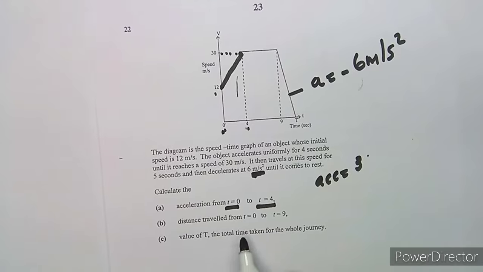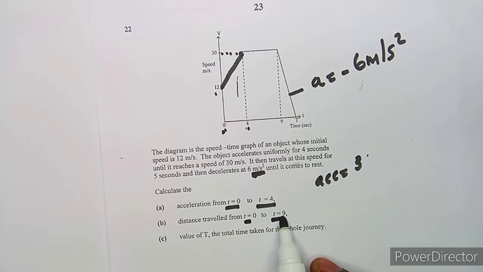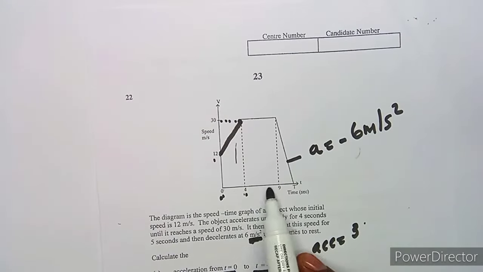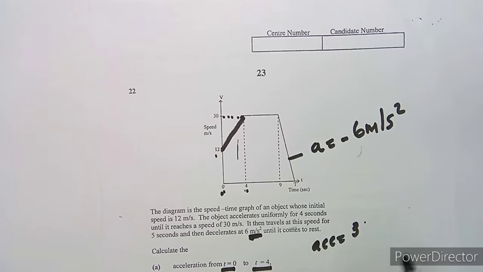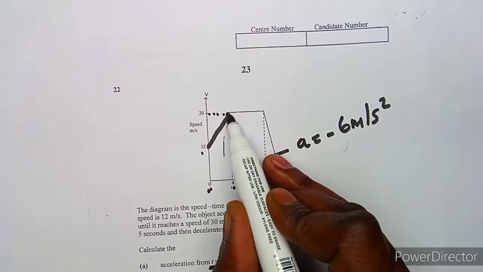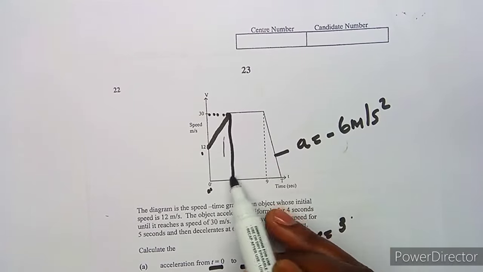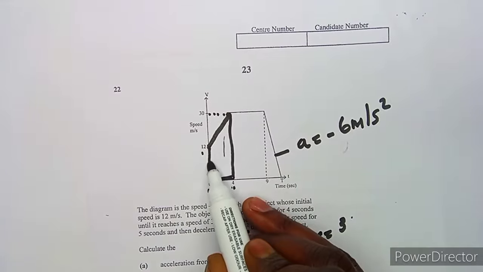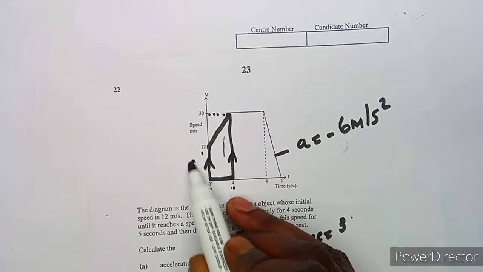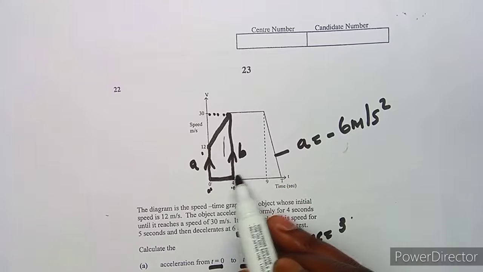Then the distance traveled from t equals 0 to t equals 9. Remember, distance is the area under the graph. So you can separate it into a trapezium and a rectangle, where we know that the area of a trapezium is simply half the sum of the parallel sides times the perpendicular height.